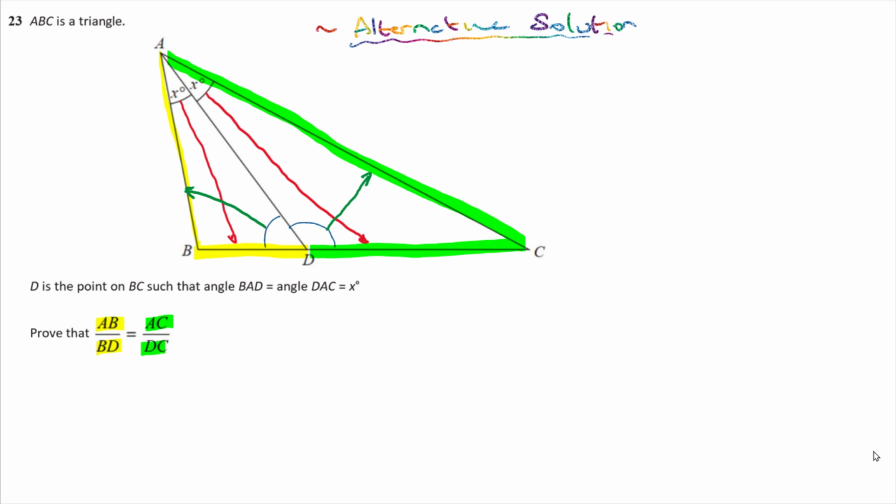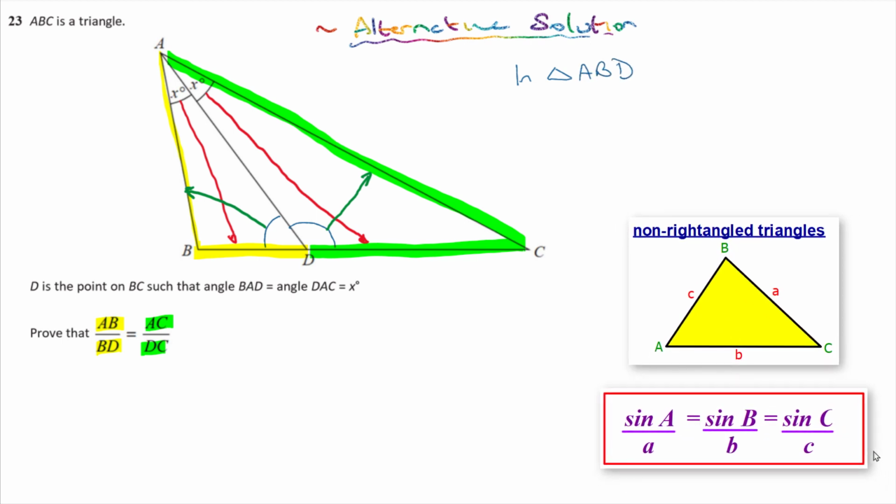Okay, now if we use the sine rule in triangle ABD first. So again, in triangle ABD, I'm going to use the sine rule for those 2 sides that we want to find, AB and BD.